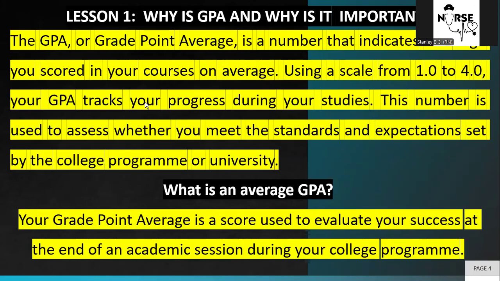Your GPA tracks your progress during your studies. So we are using 1 to 4 for the college. This number is used to assess whether you meet the standards and expectations set by the college program or university.